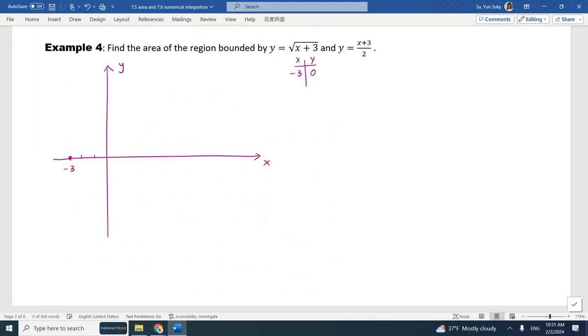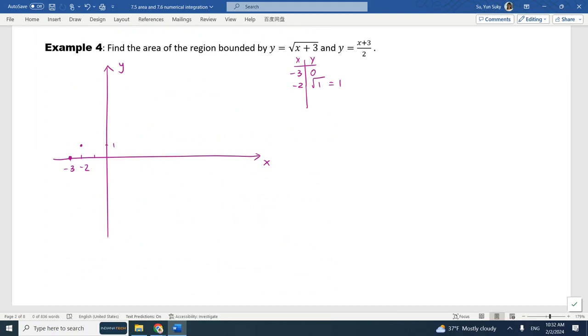That's x, that's y. Okay, and then next, we want to put integer points. The next number of x where we can get an integer? Negative 2, very good. If we plug in negative 2, what happened? Yeah, we get square root of 1, which is 1. See, negative 2, we get 1. Right, everybody?